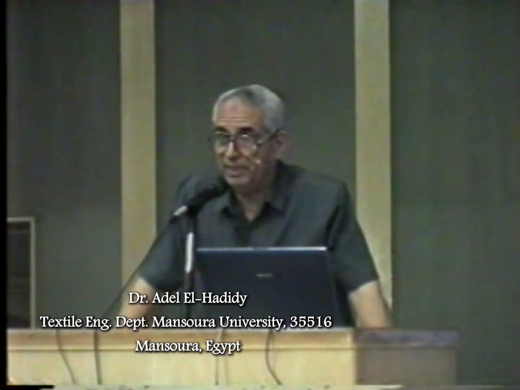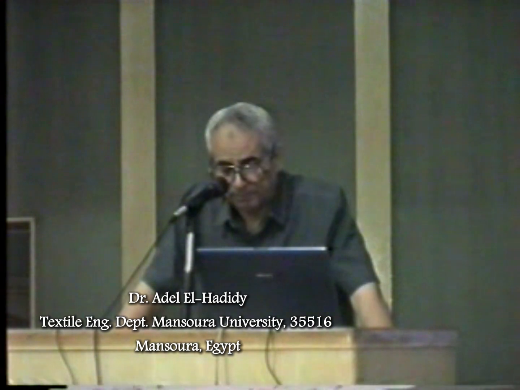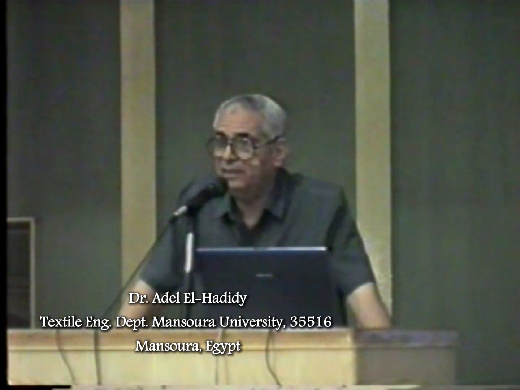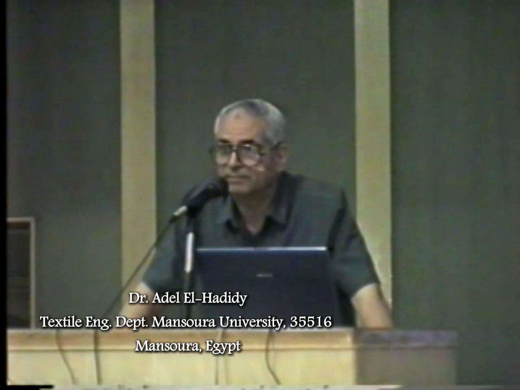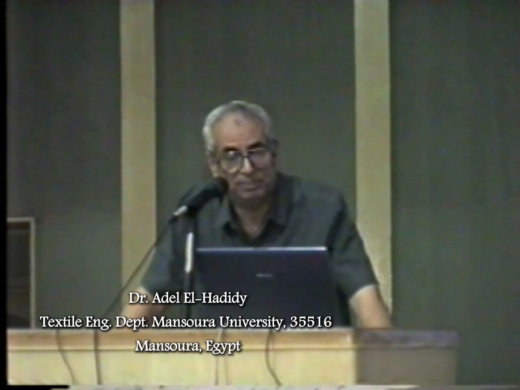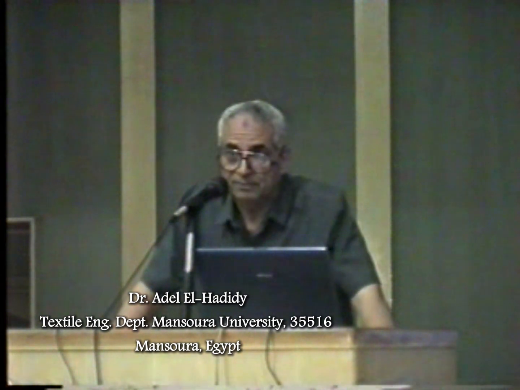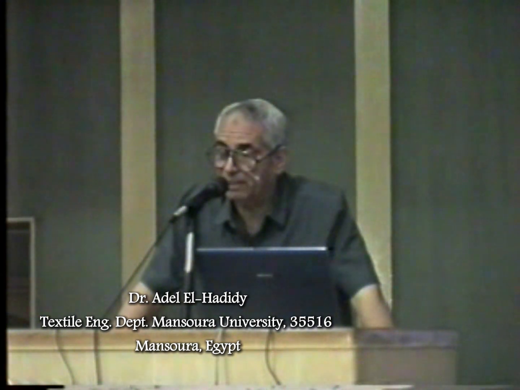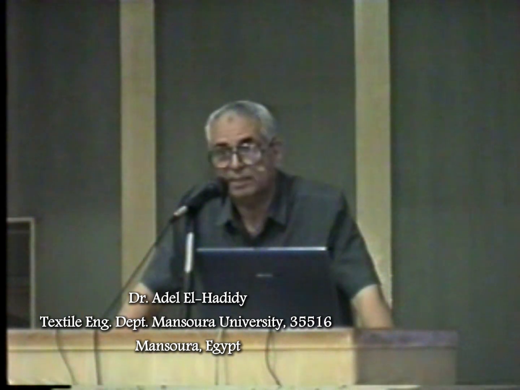Maybe someone will ask me, what is the object of this study? In the last years, we heard from time to time that Egyptian cotton is coming down from a quality and spinnability point of view. When I follow this phenomenon, I don't find it true. Why?